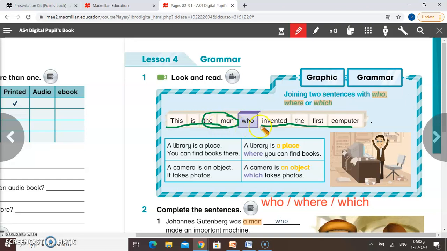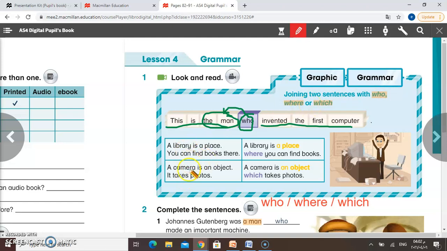Now this is the man who invented the first computer. So who is referring to the man, تعود على the man. The man, this is people. إذا هو دائما تستخدم للأشخاص for people, where for a place للمكان, which لشيء غير عاقل for anything.